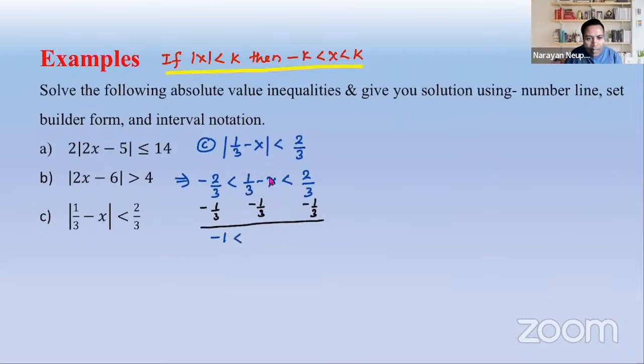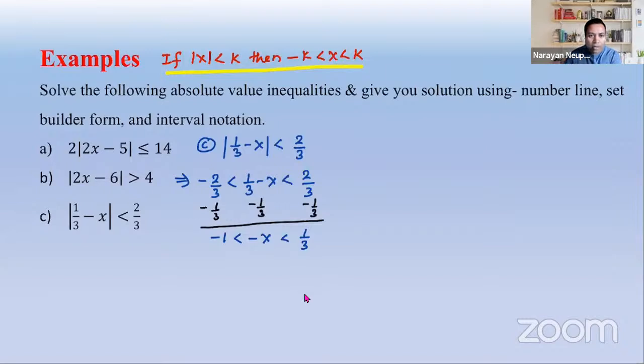What is remaining is a negative x. There is a minus in front, so negative x is less than 2/3 minus 1/3. 2/3 minus 1/3 is 1/3. Right? 2 apples minus 1 apple is 1 apple. So just like that, 2/3 minus 1/3 is 1/3.